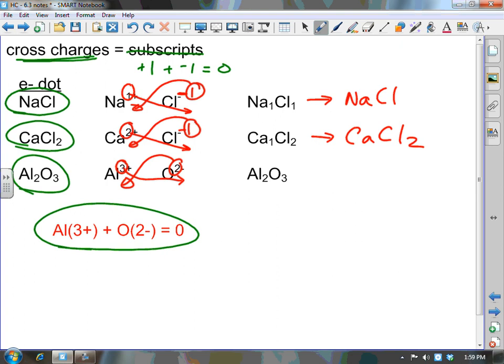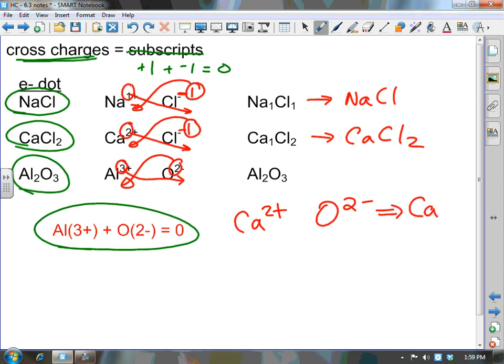Here's the only thing you want to kind of watch out for. Let's say we put calcium with oxygen. We don't really want to use coefficients of 2 because it didn't take two calciums to cancel out two oxygens. It took one of each.